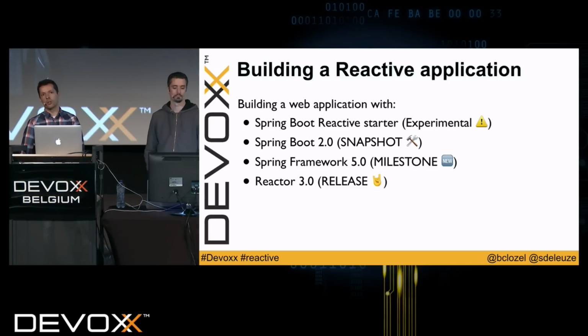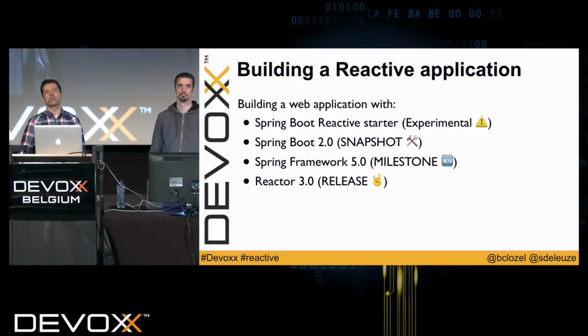That experimental starter will be merged into Boot 2.0, which is in snapshots right now. And Boot 2.0 will be based on Spring Framework 5, which right now is in milestone phase, so you can already start doing things and testing things.